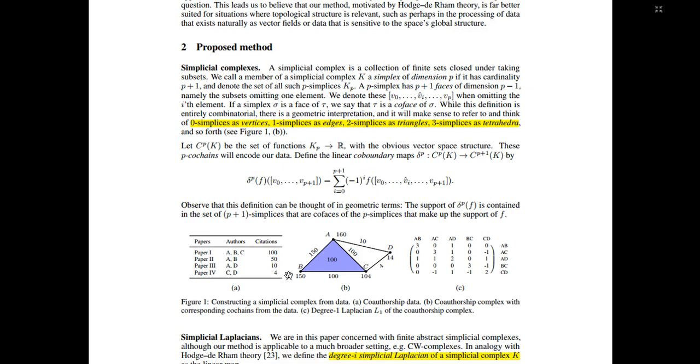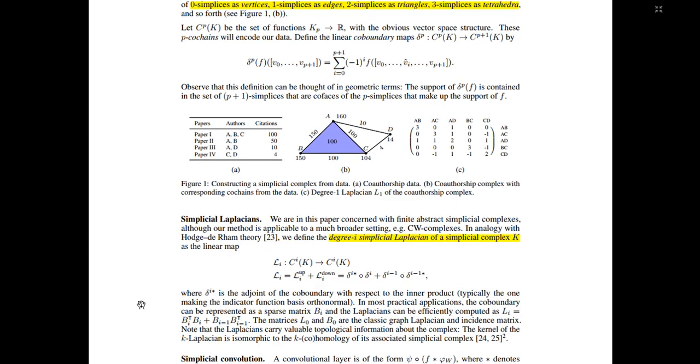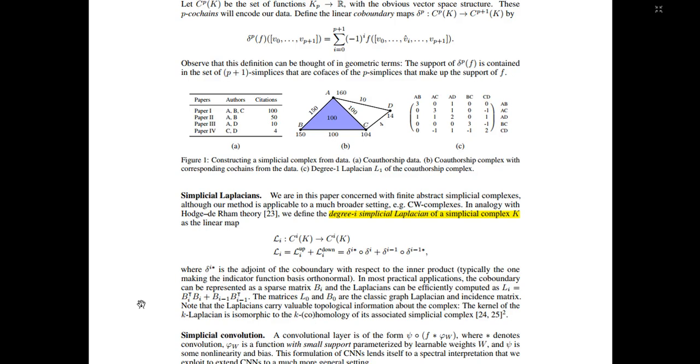Like A, B, and C have a paper together, so they form a triangle, and A and B are the edges, and they have a triangle. So we can define the Laplacian, etc. for these simplexes also.